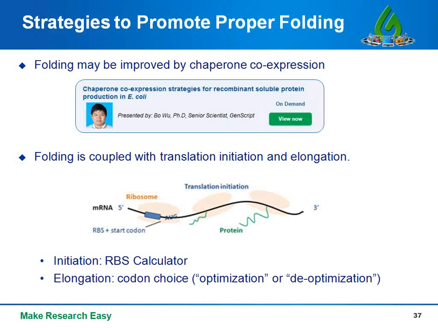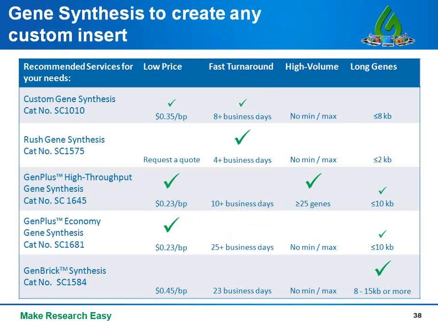You can either try to optimize codons to speed elongation or de-optimize them to slow down the rate of translation and perhaps allow elongation to happen and prevent the formation of truncated peptides, polypeptides.